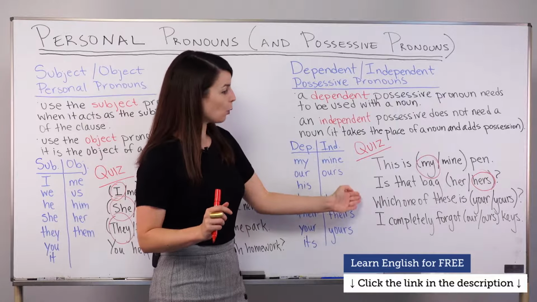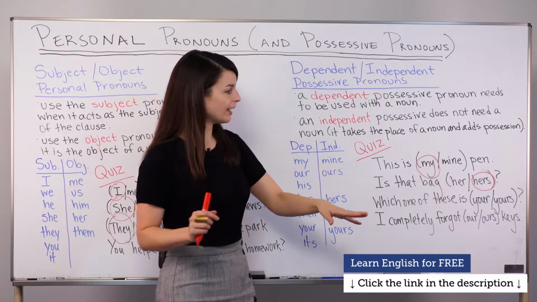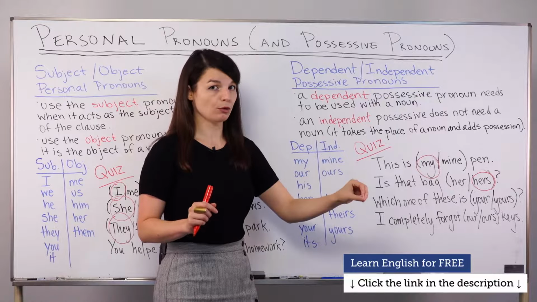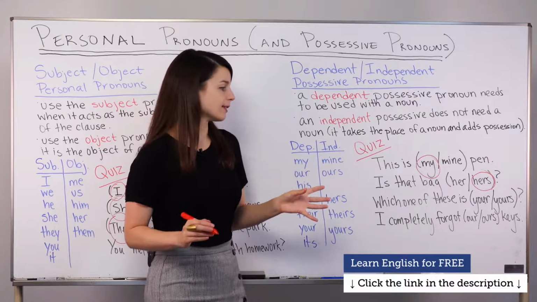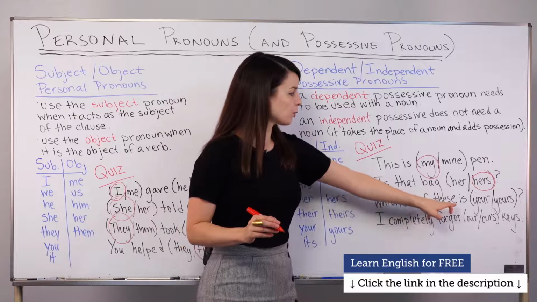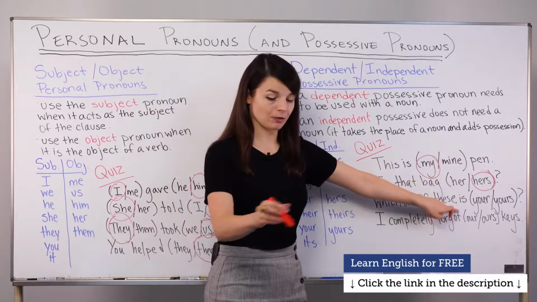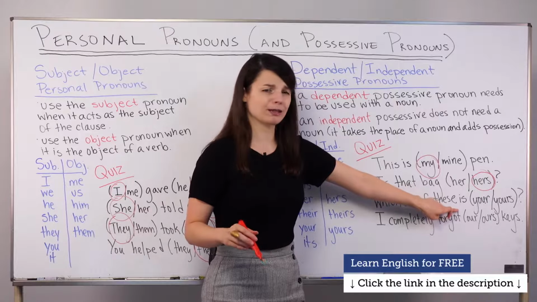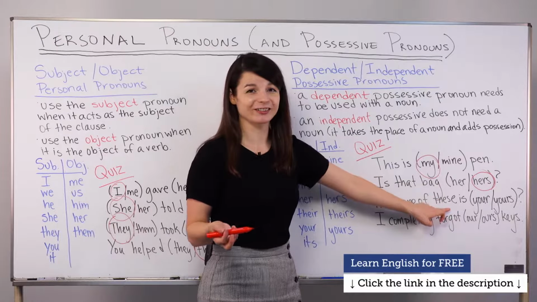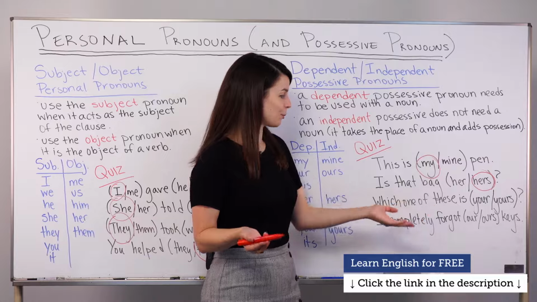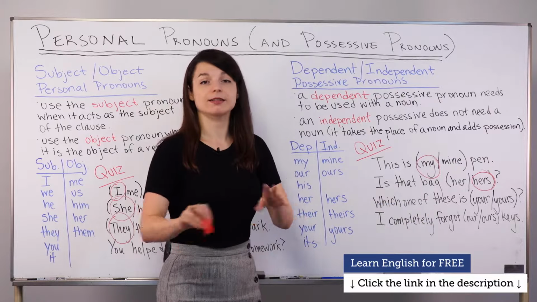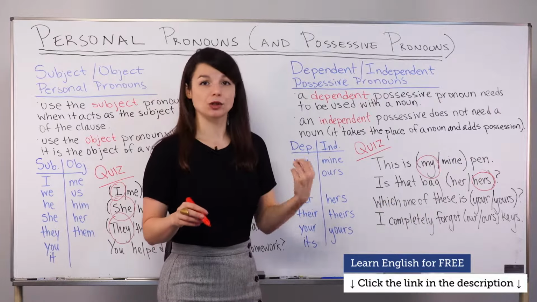Okay, let's move along to the next one. Similar pattern. Which one of these is your or yours? This is actually a common question. Which one of these? So these stands in for a group of objects, for example, drinks, or it could be shirts, or pens, or books. Which one of these objects here is yours?